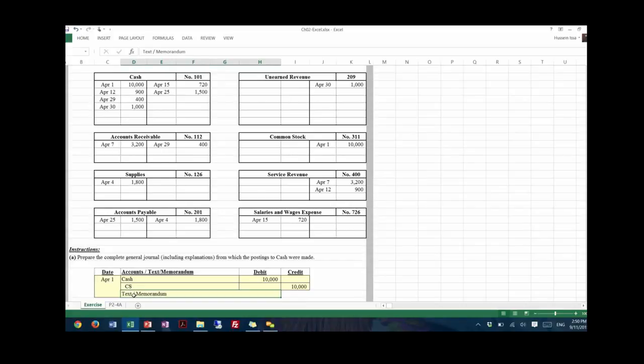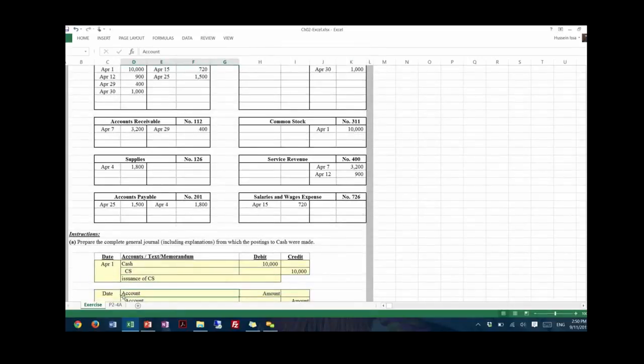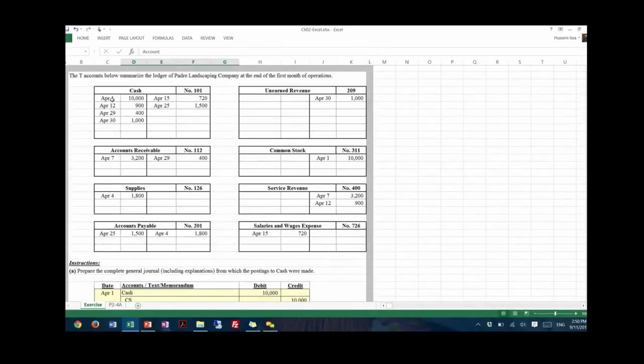Issuance of stock. Someone said an investment. So it's the same thing, this is issuance of stock. Next, which one is next? You guys have to say it.